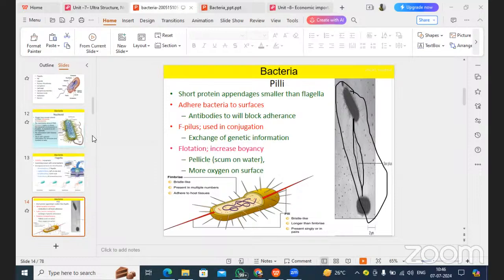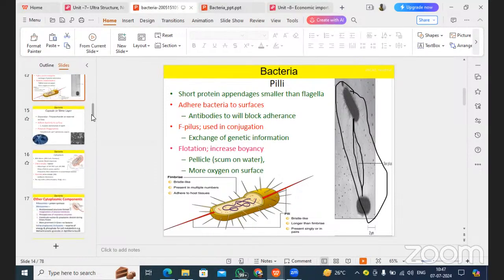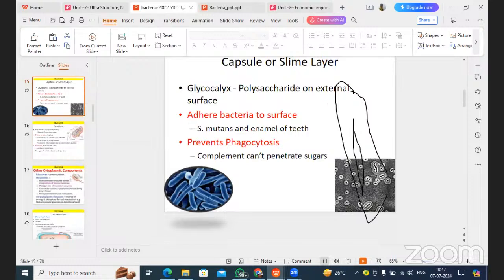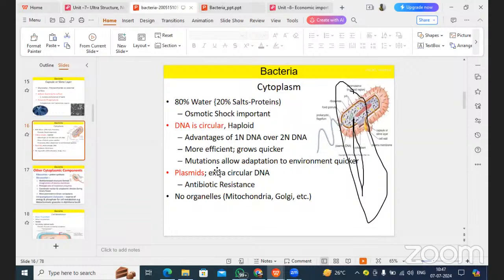And we can also see the structure of the capsule. I already told you, it is an extra outer layer above the cell wall, made up of polysaccharides and polypeptides. The middle part is the cytoplasm, whose structure we have discussed already.